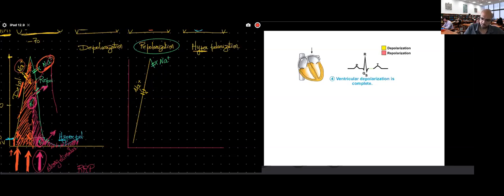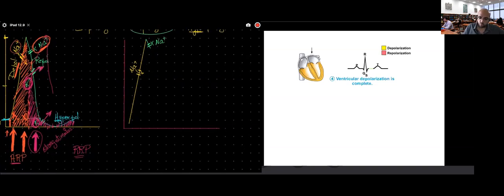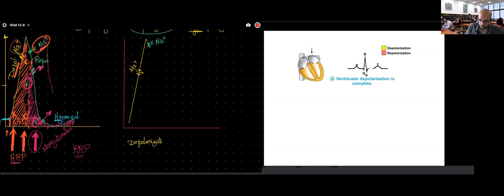But can you remind me of the last things that we mentioned before we left in our last meeting? What was the response of a muscle to a depolarization? If the muscle gets depolarized, how does it respond?